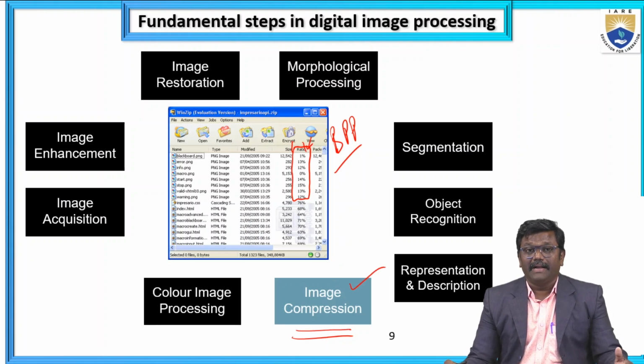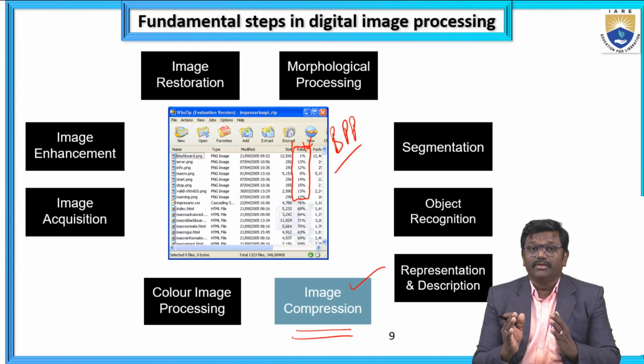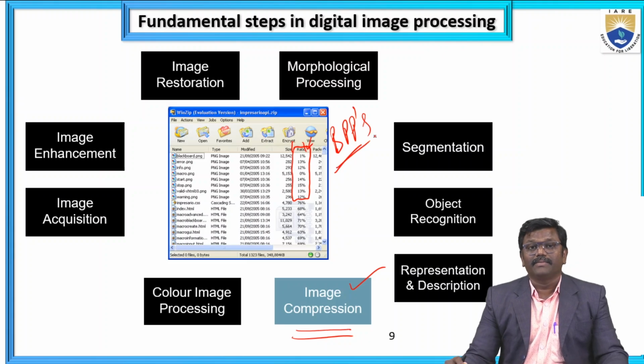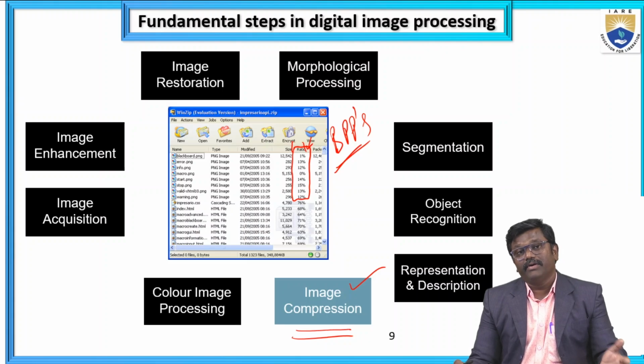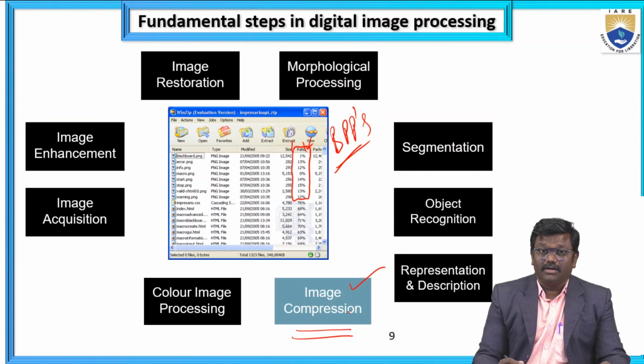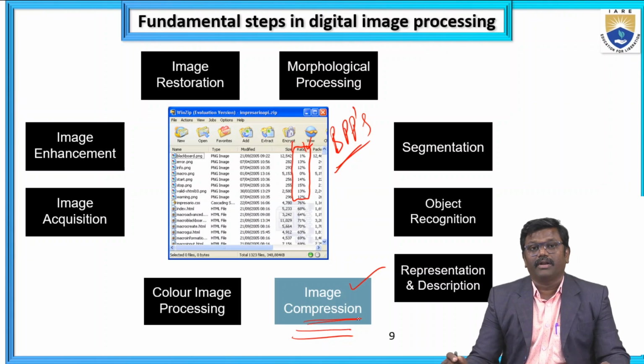Why do we want to compress an image? Because the particular system into which we upload the file may accept only a limited range of bits per pixel values. If your image content is very large and you require a specific number of bits per pixel, then we compress it. So compression is a very important application here.